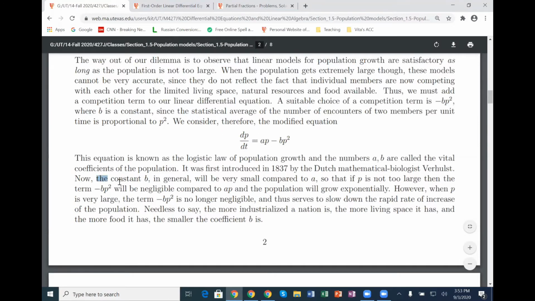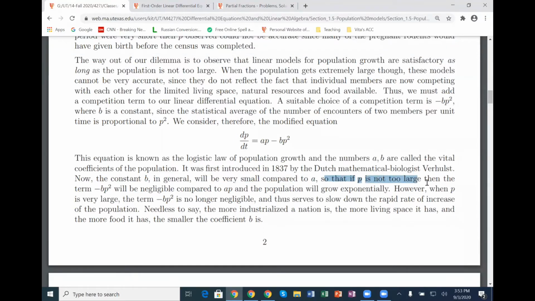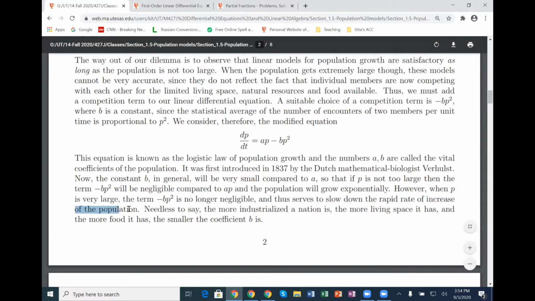In general, the constant b will be very small compared to a, so that if P is not too large, then the term negative bP squared will be negligible compared to aP, and the population will grow exponentially. However, when P is very large, this term negative bP squared is no longer negligible and thus serves to slow down the rapid rate of increase of the population.